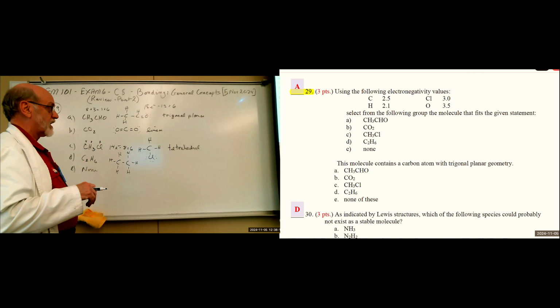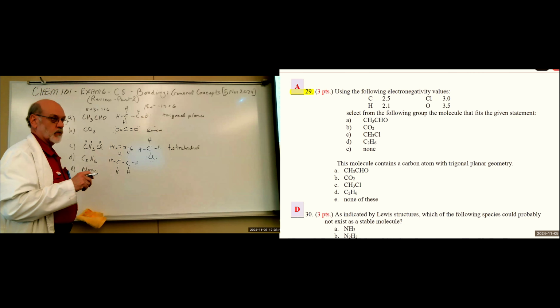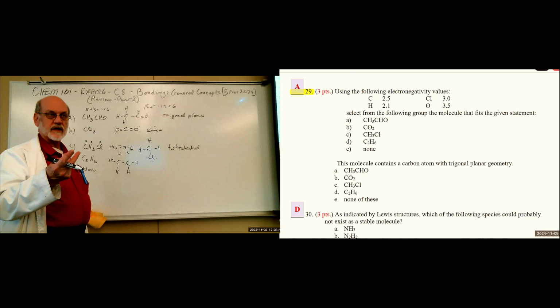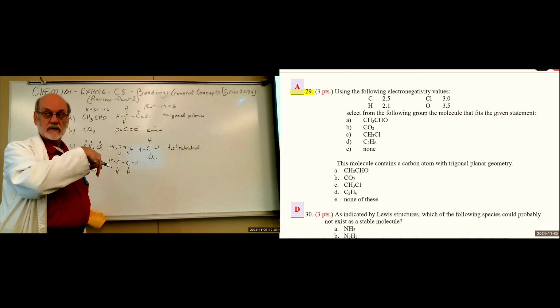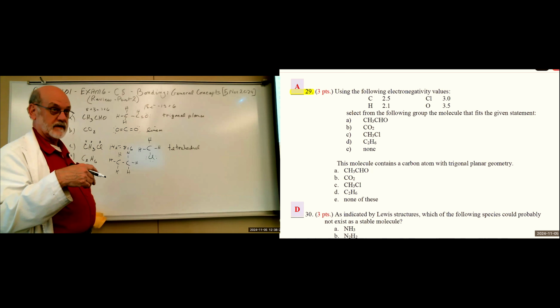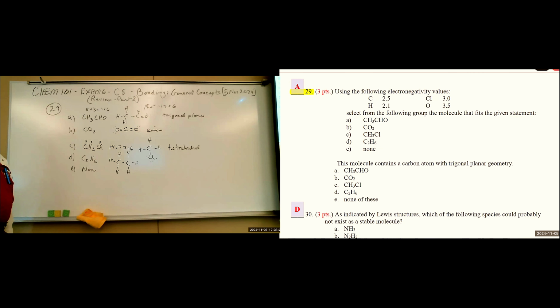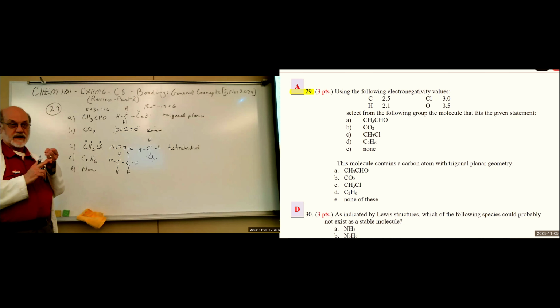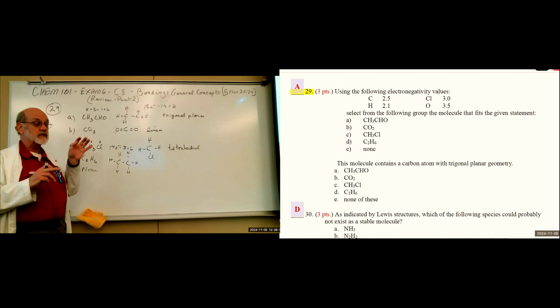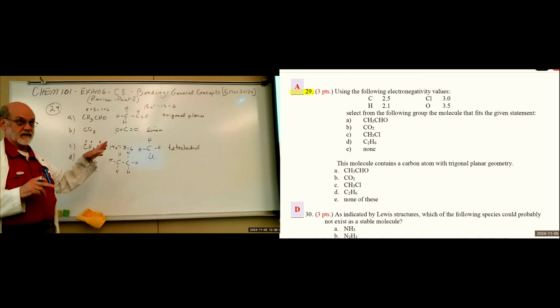I would say if you're going to memorize anything out of this chapter, memorize what the number of groups relate to geometries. So you want to review that, or do you have that pretty well in hand? 2 groups around a central atom, linear. Now we're talking about electronic geometry right now.